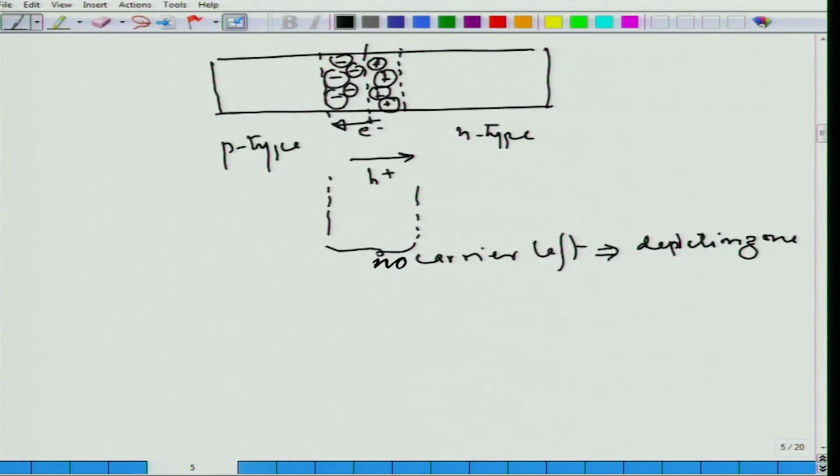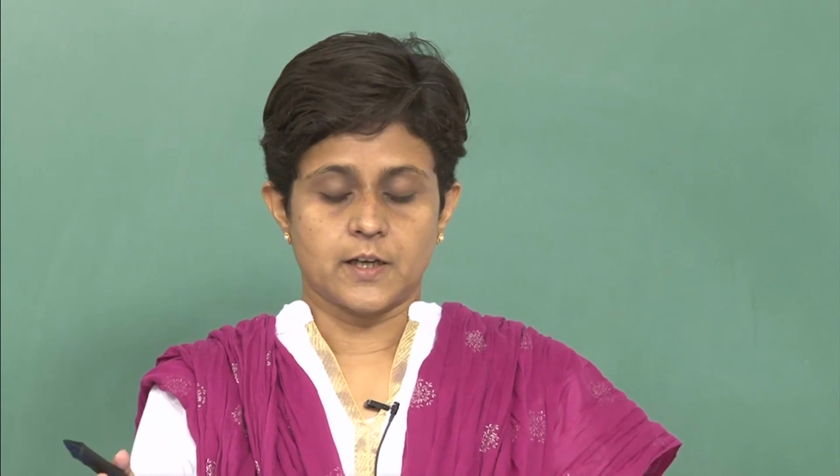So, if I look at this situation, because of this transfer of electrons from the n type to the p type and of holes from the p type to the n type, we have developed a built-in potential inside the material, and this built-in potential leads to a field.